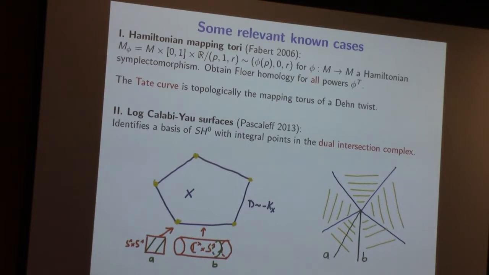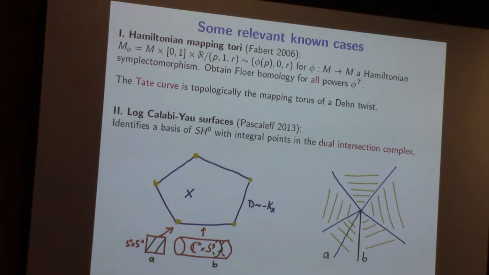Well, first observe that the Tate curve, if you remove the central fiber, is topologically a mapping torus for the Dehn twist. So you take an elliptic curve, cross an interval, glue the two ends with the symplectomorphism, and then take the cross arc.